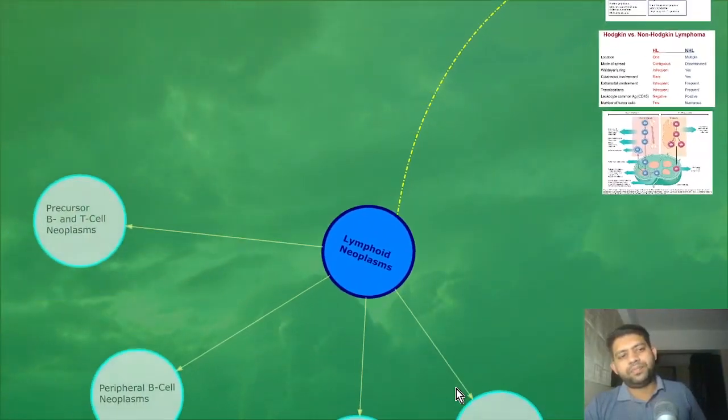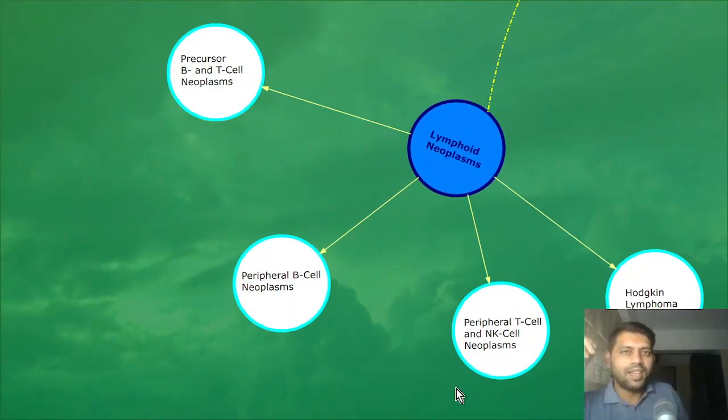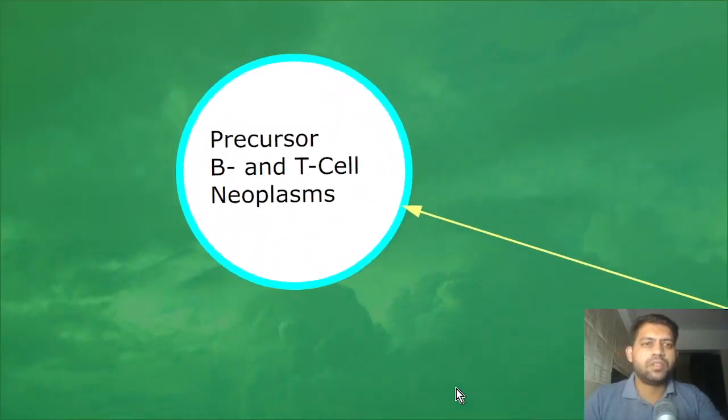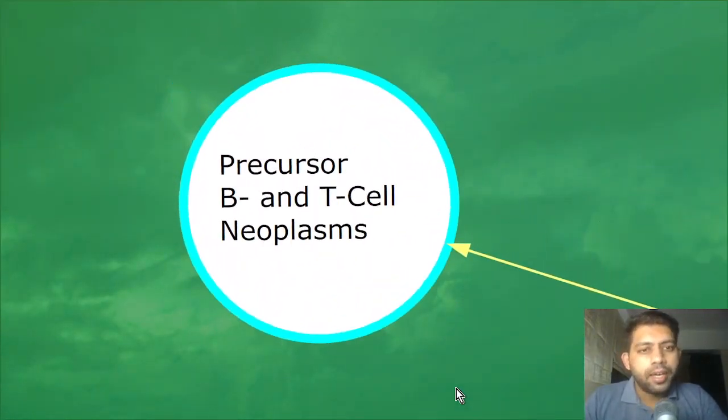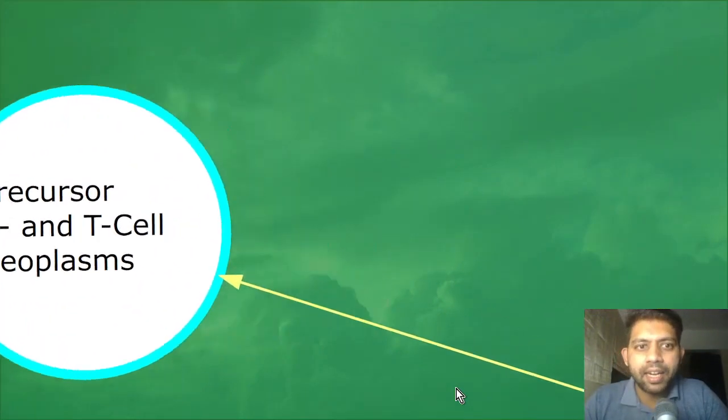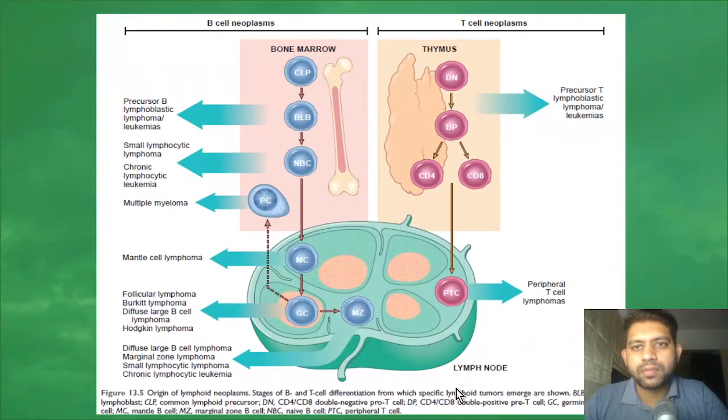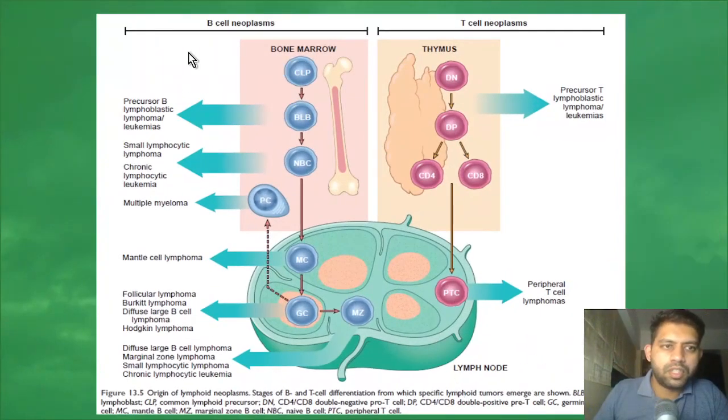Now, as we have seen, lymphoid neoplasms can be divided into peripheral, precursor, and Hodgkin lymphoma. Among these, we'll go through only precursor B or T cell neoplasms, which is ALL basically.